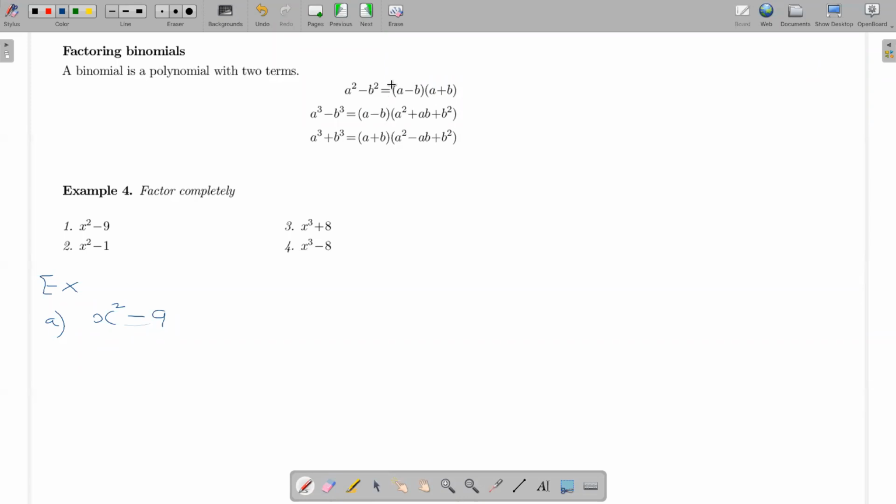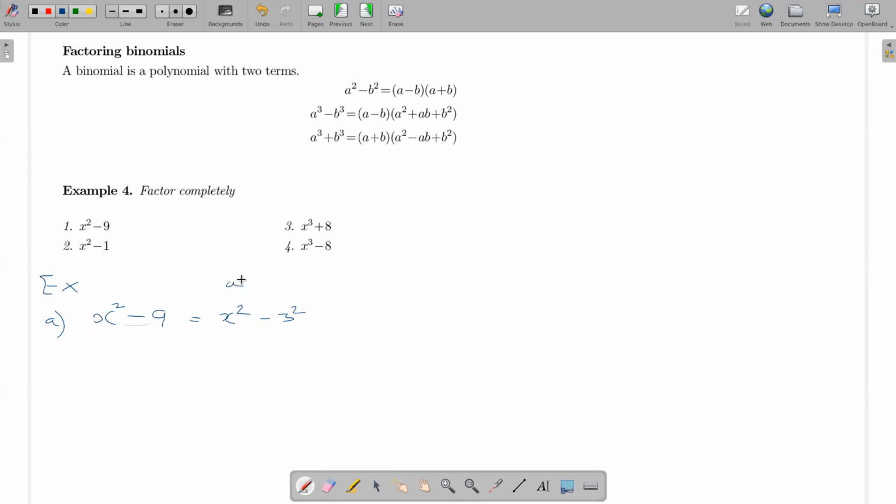Okay, so here we compare this and try to write it as this left hand side, that is a difference of squares. First term here is already written in the form of a square, no? Second one, 9, I can write as 3 squared, no?